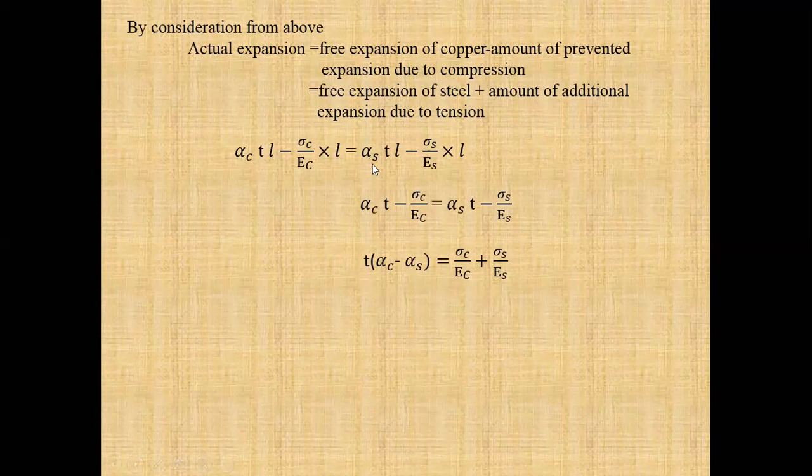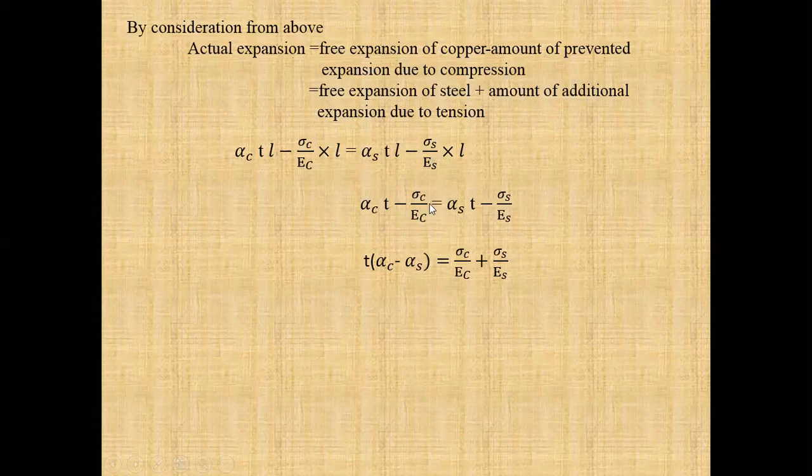But here for free expansion of the steel, because of thermal tension due to tensile stress, this should be added to the free expansion of the steel. So this should be plus here, and this also should be plus, because L is deleted from all the terms, it can be cancelled off.